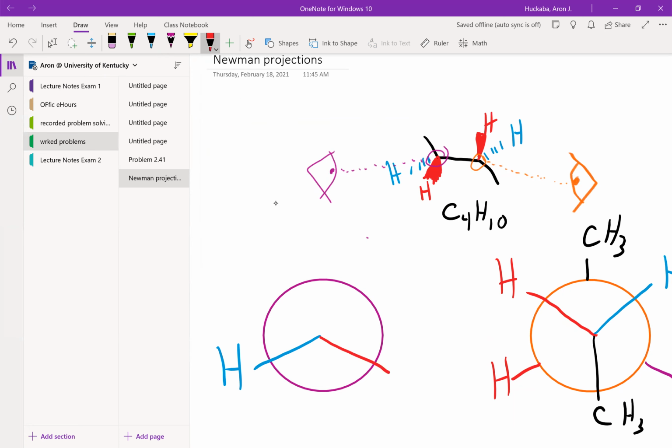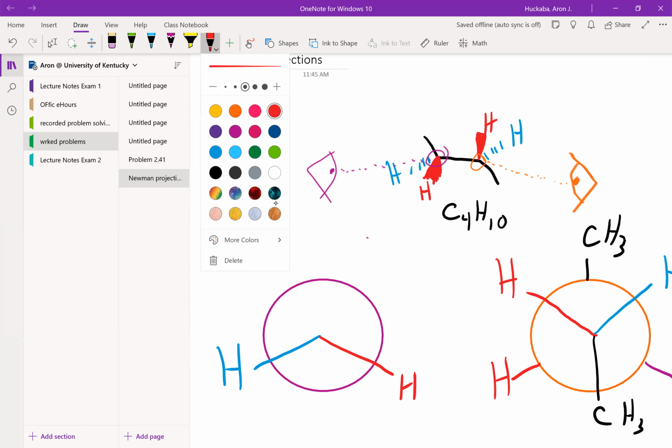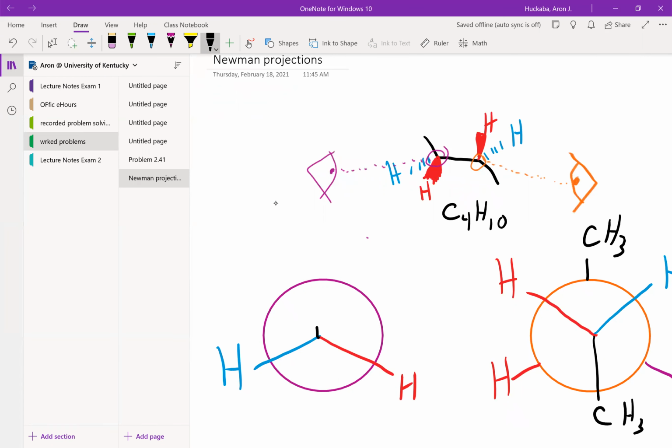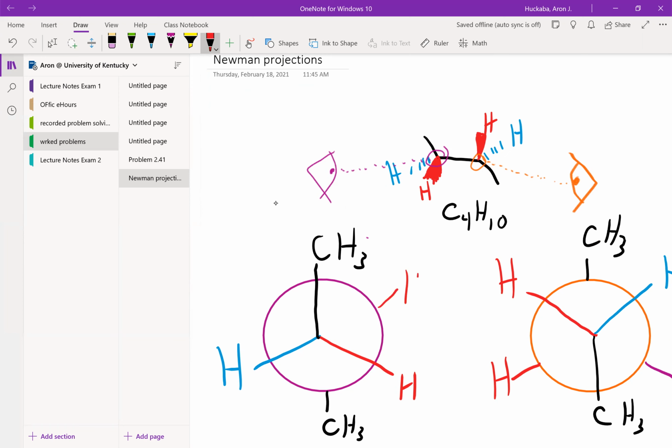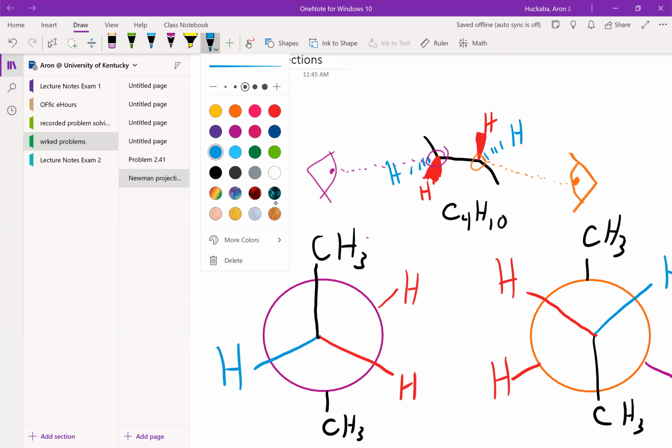The wedge hydrogen is going to be on the right. And the carbon from the butane is going to be pointed up this time in the front, will it not? Okay, and in the back, the CH3 points down. The wedge hydrogen is also pointed to the right, and the dash hydrogen is pointed to the left.